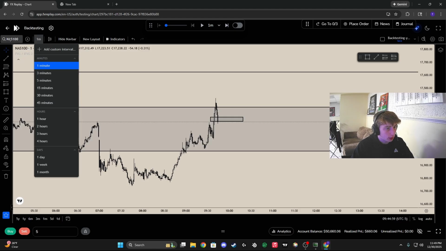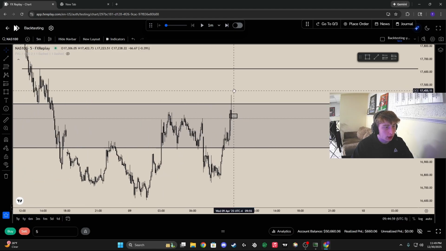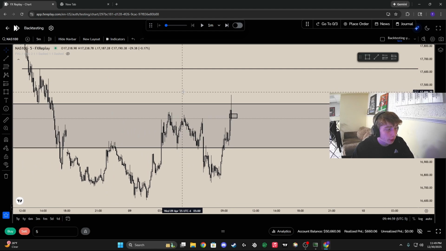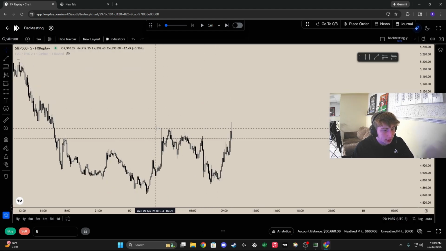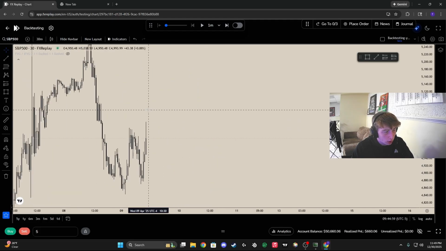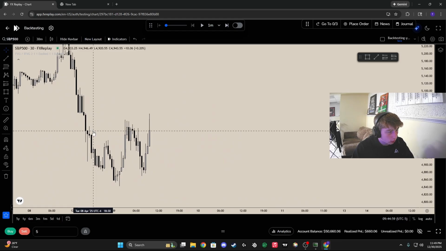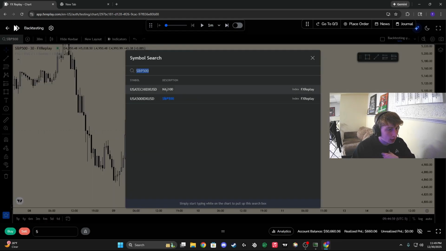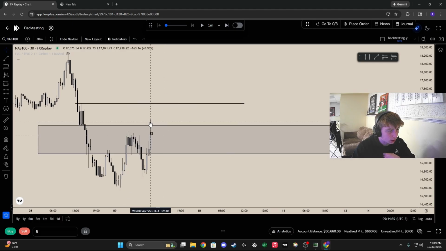Is this just a fake out move? Okay, so I need to talk about what I'm actually thinking right now. The first thing I was thinking was, I wanted to see us hit these key levels and reverse. We hit these levels and are reversing, but we don't have an external SMT, unless we do here.